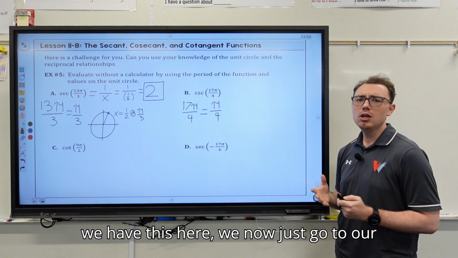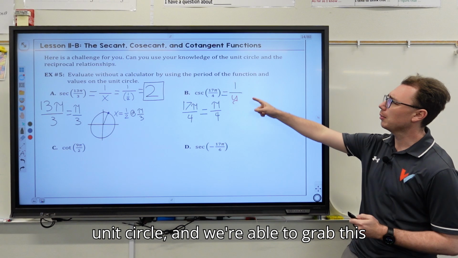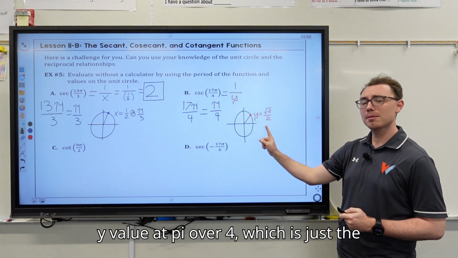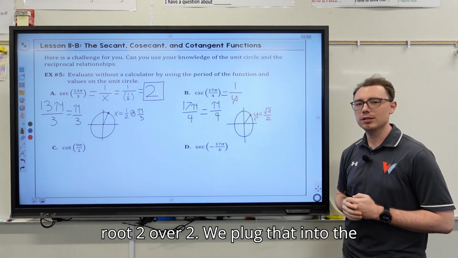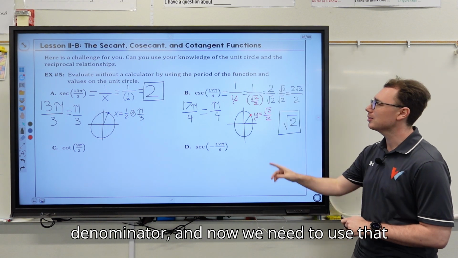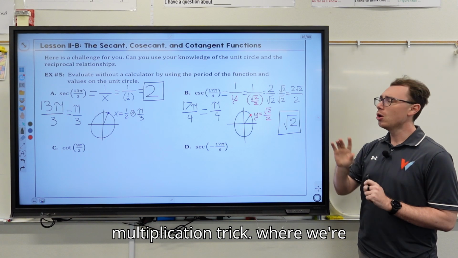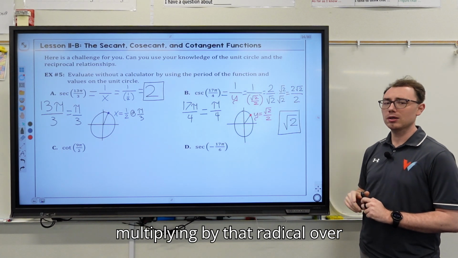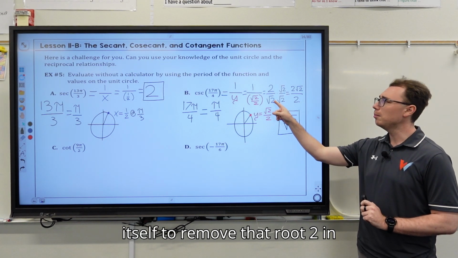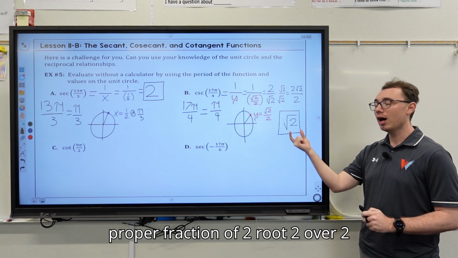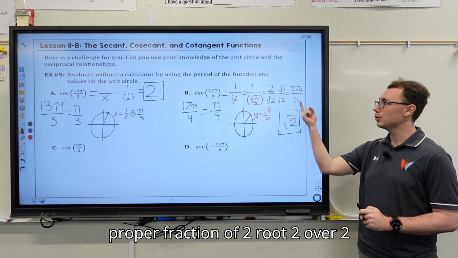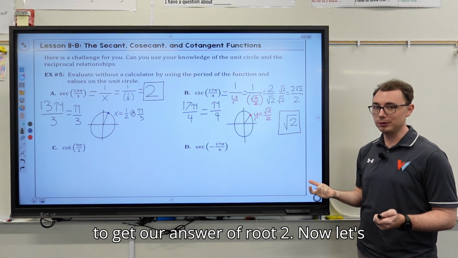Once we have this, we go to our unit circle and grab the y value at pi over 4, which is root 2 over 2. We plug that into the denominator, and now we need to use the multiplication trick, multiplying by the radical over itself to remove the root 2 in the denominator, so that we have a proper fraction of 2 root 2 over 2 to get our answer of root 2.